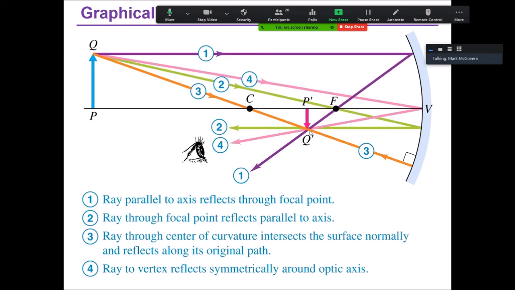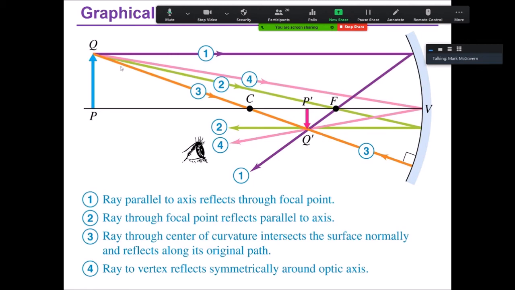We have a couple other ones we can do. If you pass a ray through the radius of curvature, you hit the mirror perpendicularly. Perpendicularly? I'm going to go with it. And it gets reflected directly back. Okay, and that's another ray.